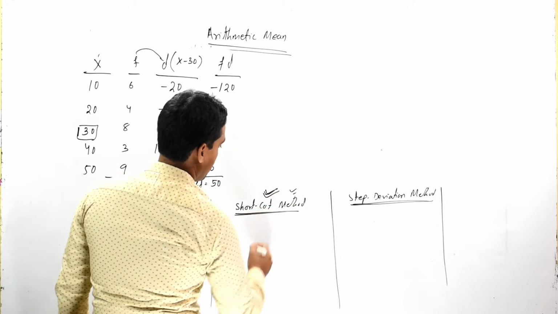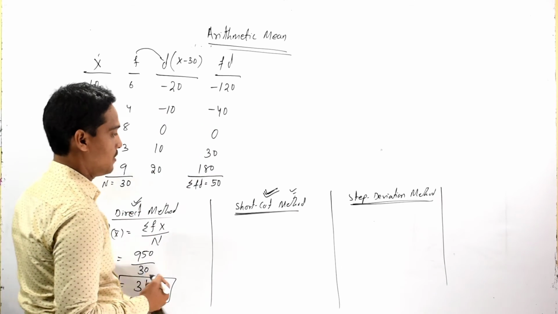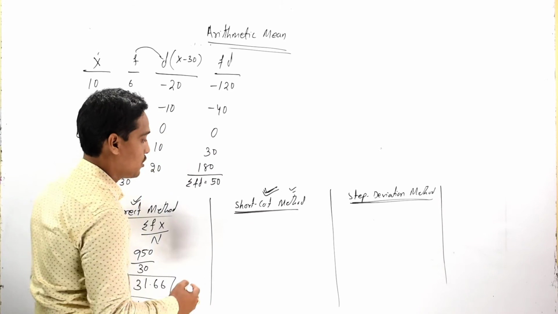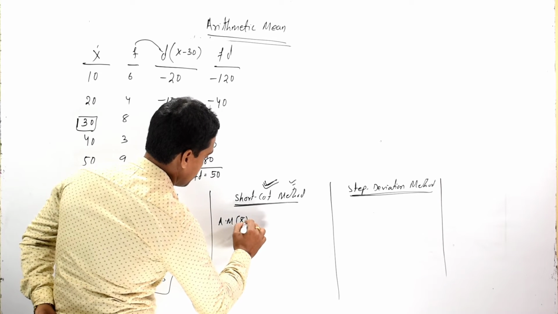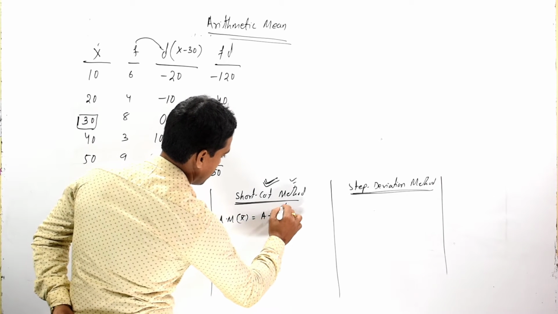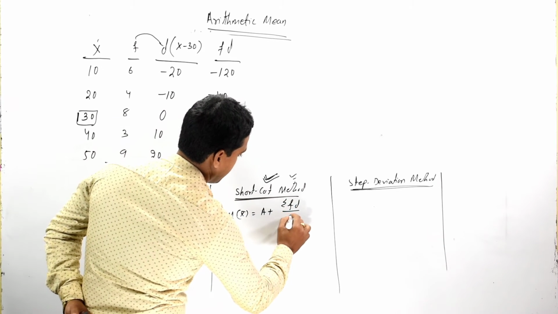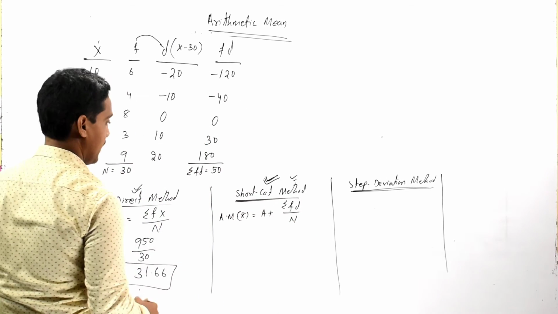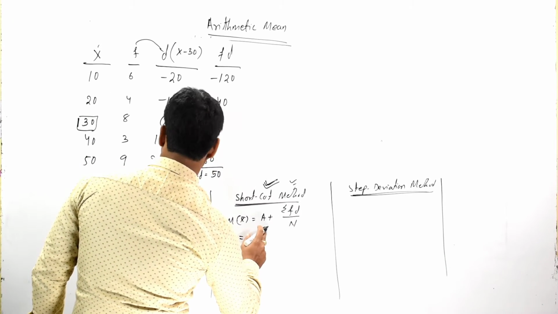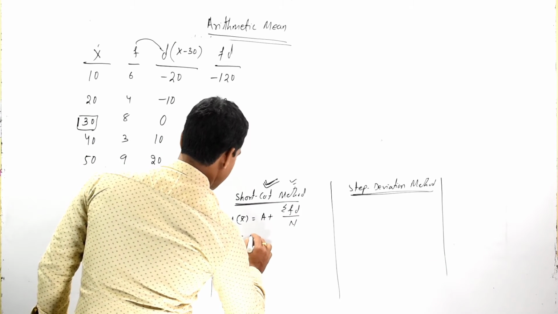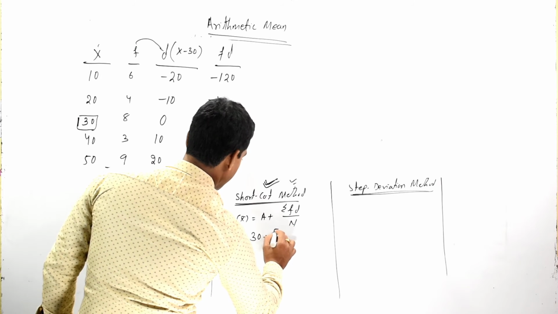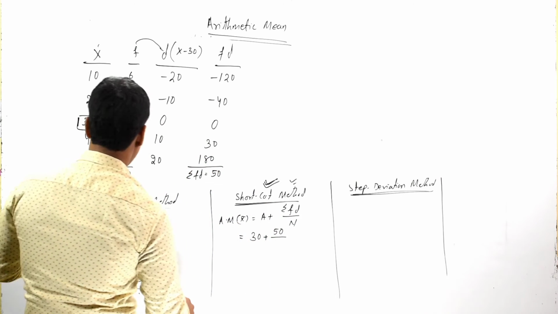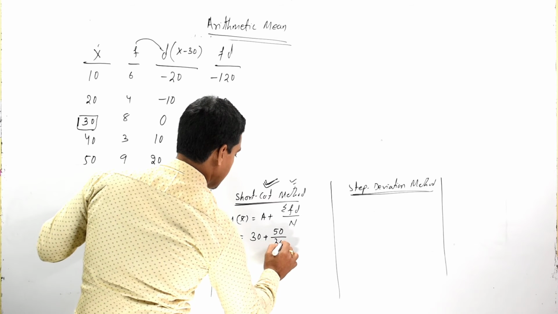Now we should apply the rule of the arithmetic mean under the shortcut method, that is arithmetic mean, or x bar, equals a plus summation fd by n. Putting the values, a is 30 plus summation of fd, that is 50, divided by n, that is 30.